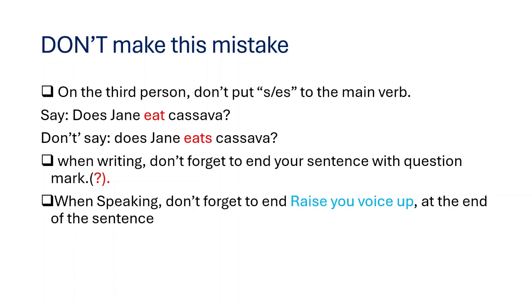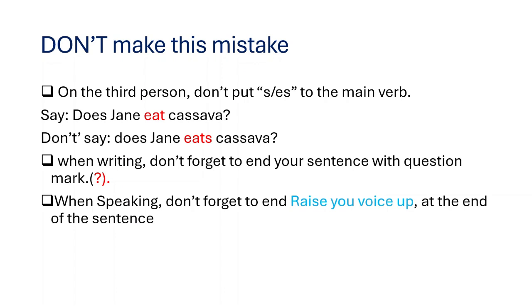So the reader, if he or she sees a question mark, will understand it is a question and raise the voice up. So when speaking, don't forget to end your sentence by raising your voice up, or what we call rising intonation. Questions have rising intonation. Great. These are 3 mistakes you should avoid making again.